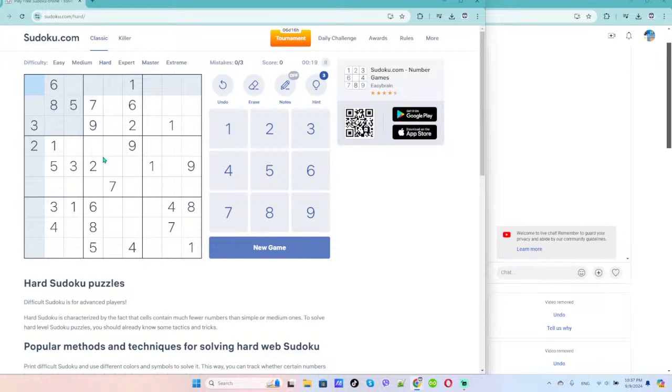Now we have different things to take into account. The first thing that I see in this Sudoku is these three fives. They give me the information that 5 can either go here or here. They just give me candidate numbers.